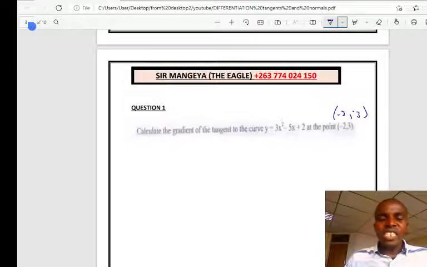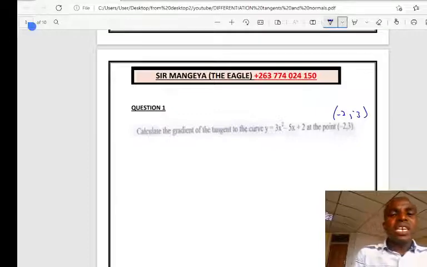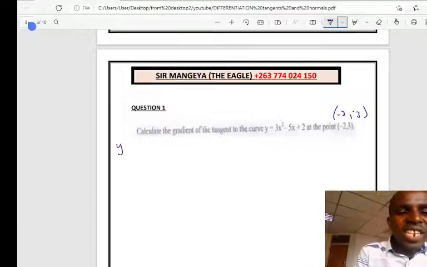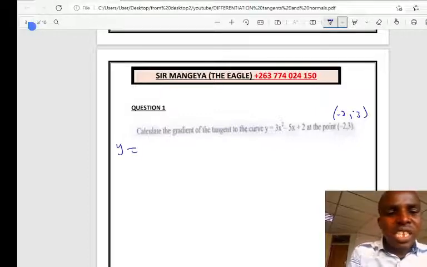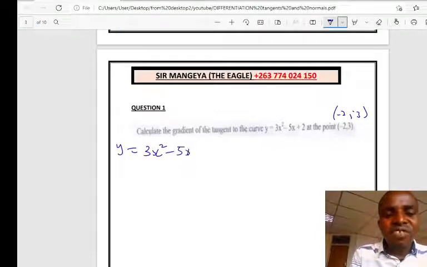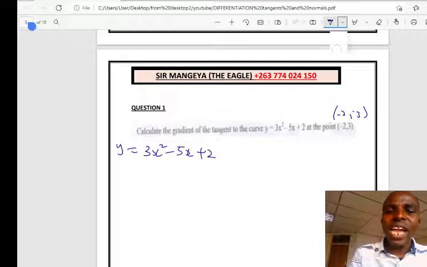What you do first is simple. You differentiate. There's also a video on differentiation on my YouTube channel. Differentiating this one, let me rewrite the equation of the curve. It is y equals 3x squared minus 5x plus 2, like this.